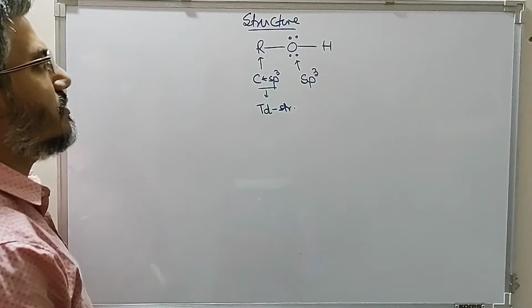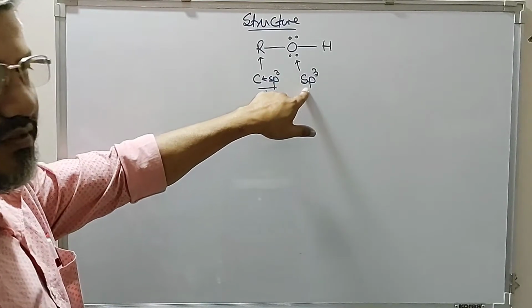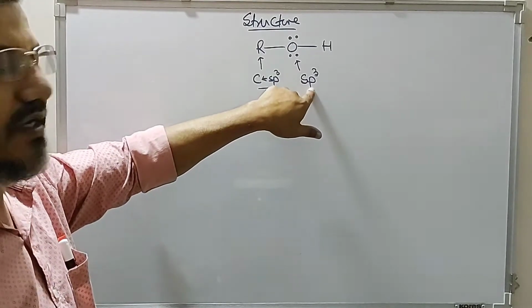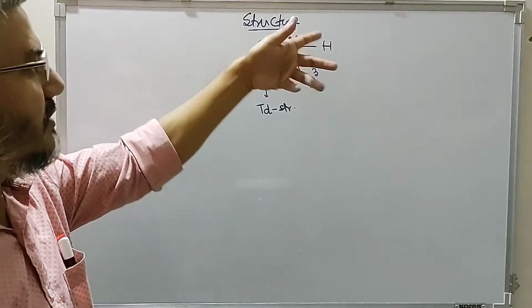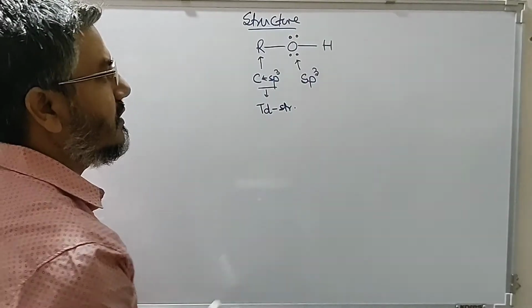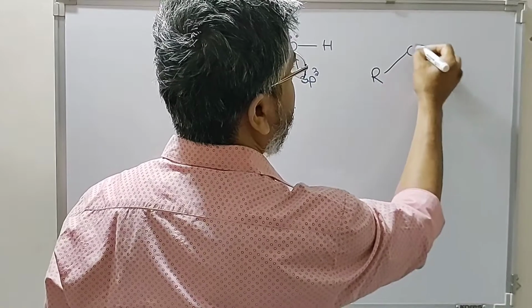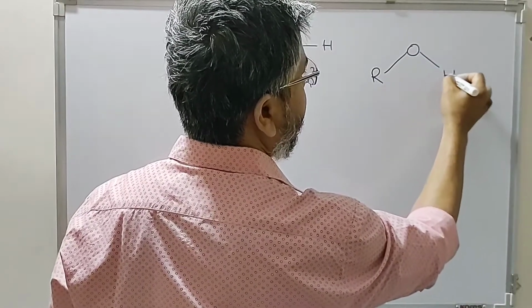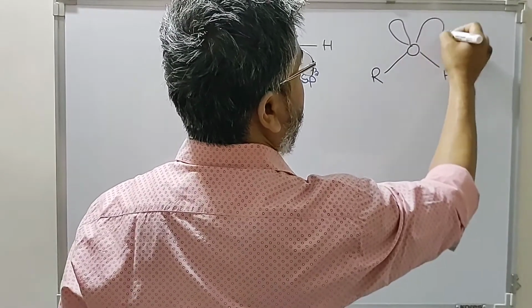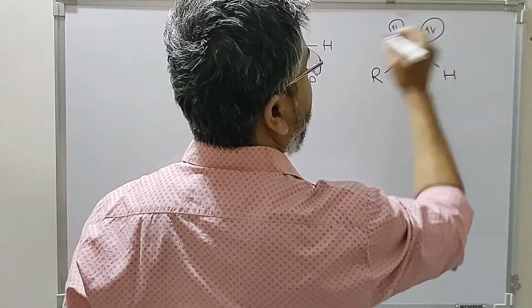But when we look at the structure of this oxygen, though we have sp3, the geometry of the molecule will be sp3, that is tetrahedral, but the shape will be something different. So this ROH bond is bent molecule like water. So we have lone pair here. This is lone pair electrons.